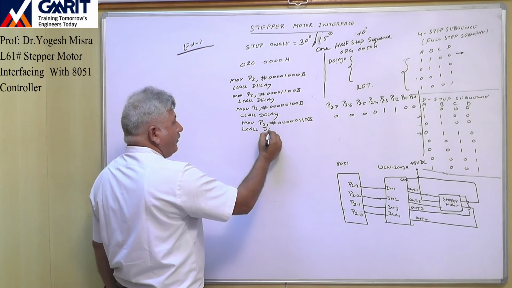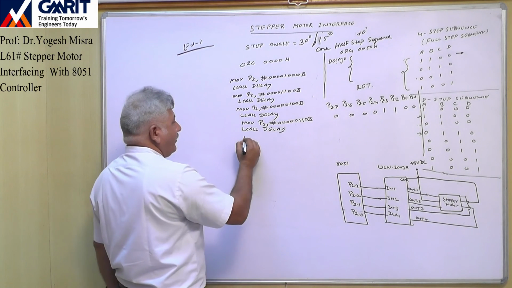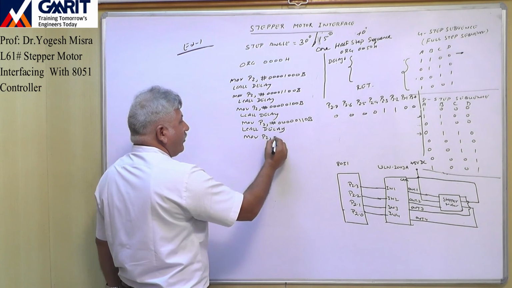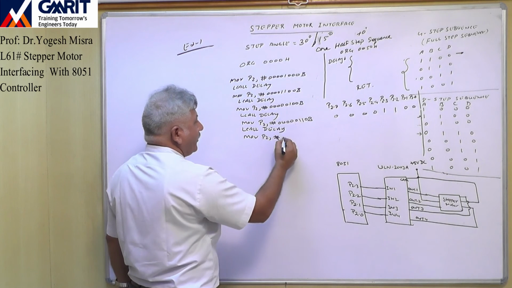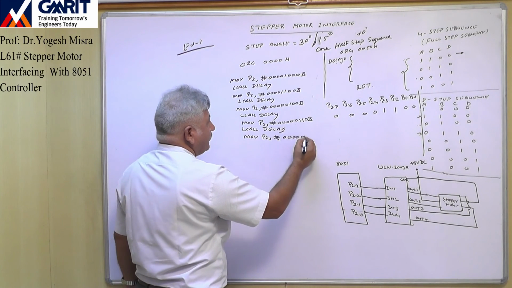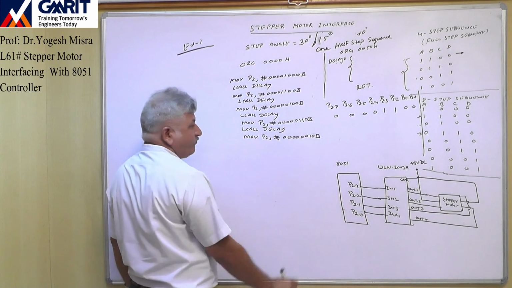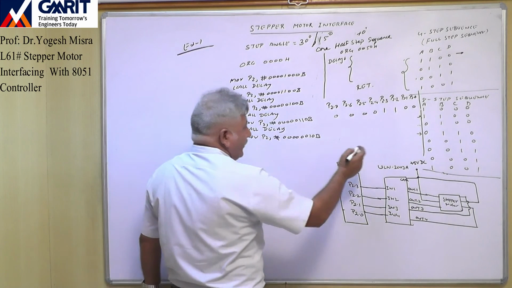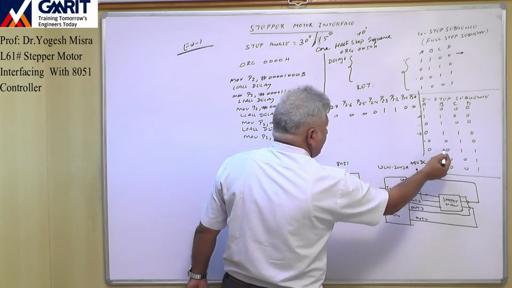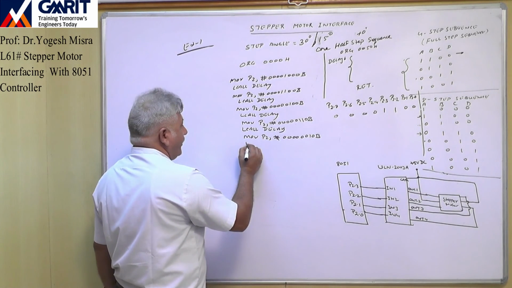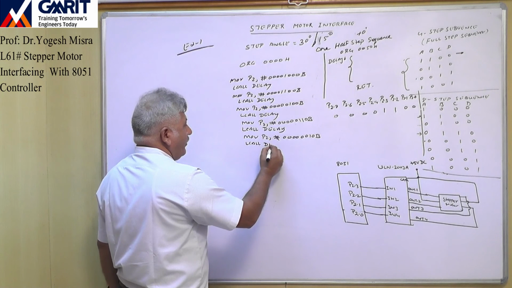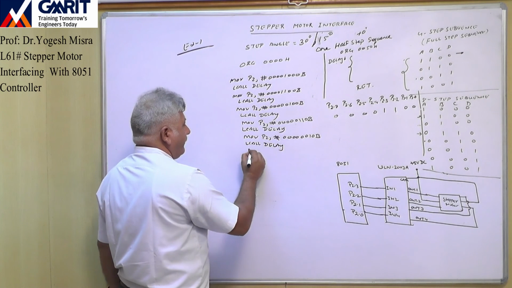Then I'll call delay. Move P2 comma hash 0000 0010 B. This one, 0010. After this, 0011. Then I'll call delay.